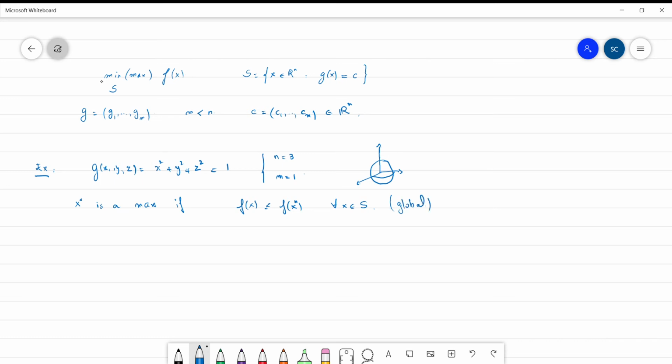Local also, we need to check this locally on this surface.